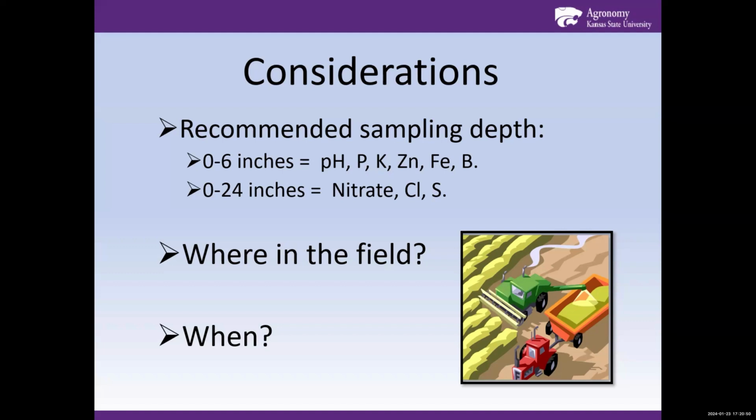Typically you're going to do that all at once, like I mentioned. This probe wouldn't do it without pulling one core and then going back in the same hole, which causes other issues, with it possibly collapsing in or other contaminants going in. So it's always better to have one continuous 0 to 20 or 24 inch core when you're doing a subsample like that.